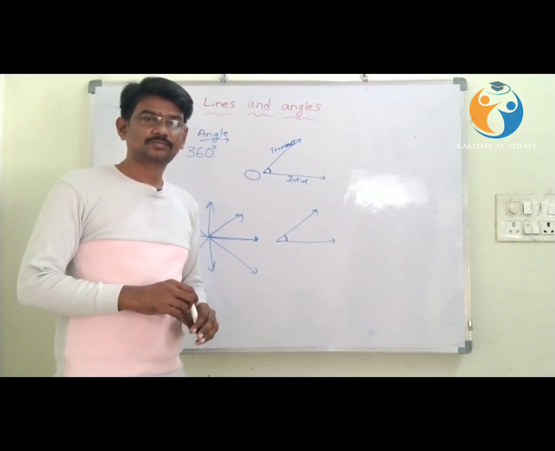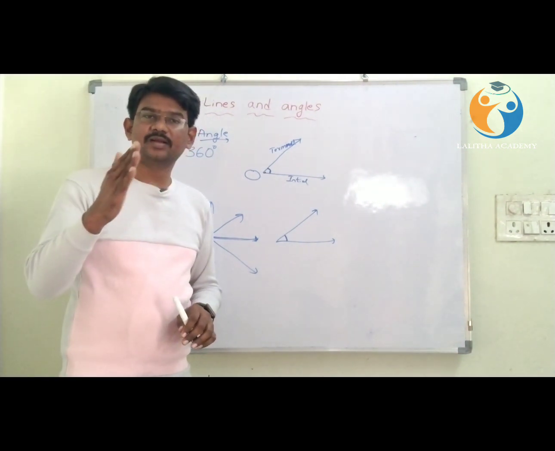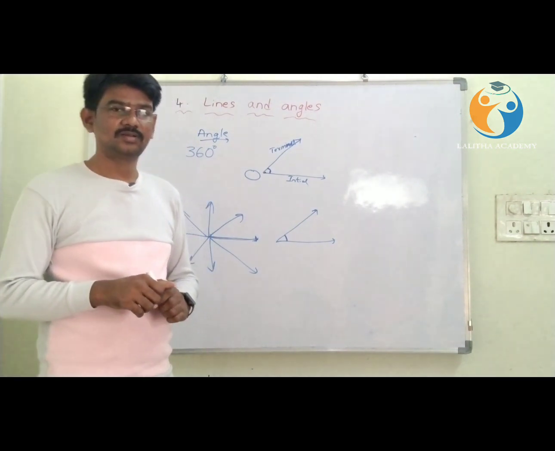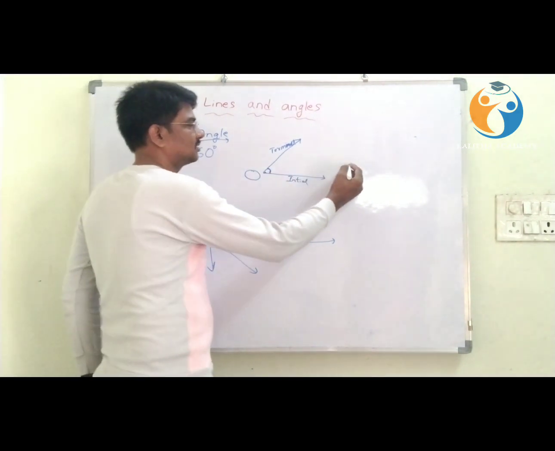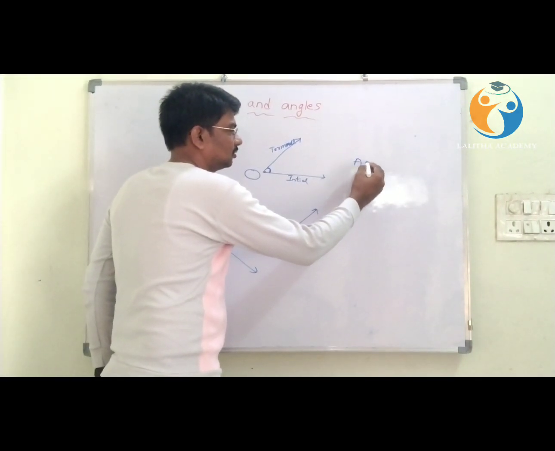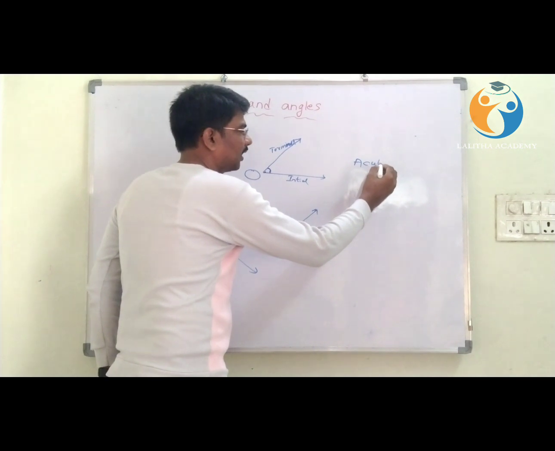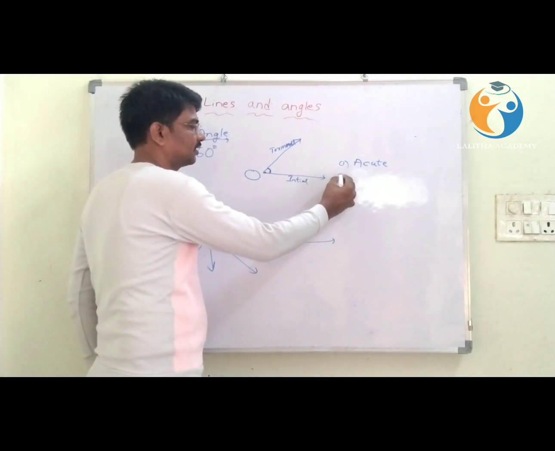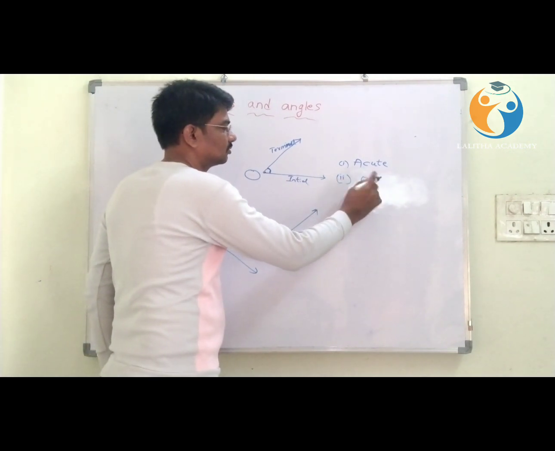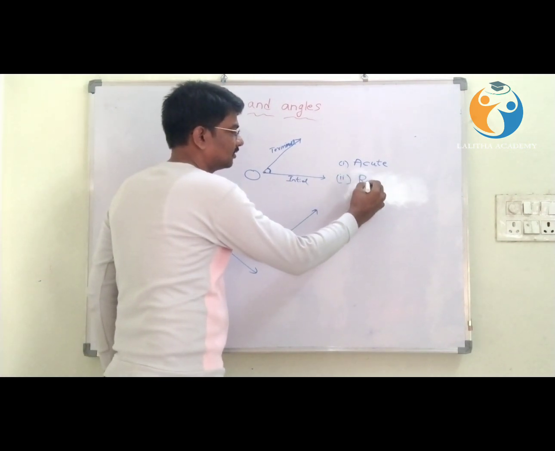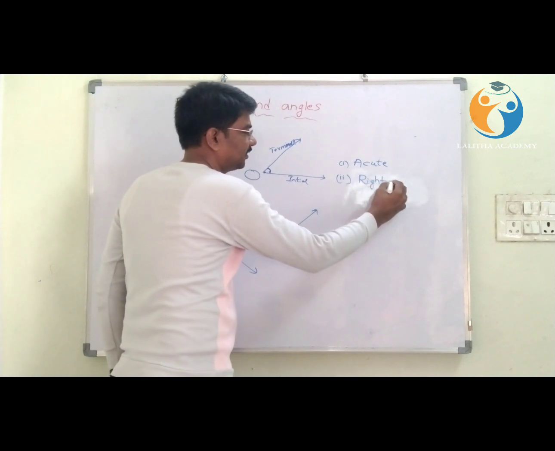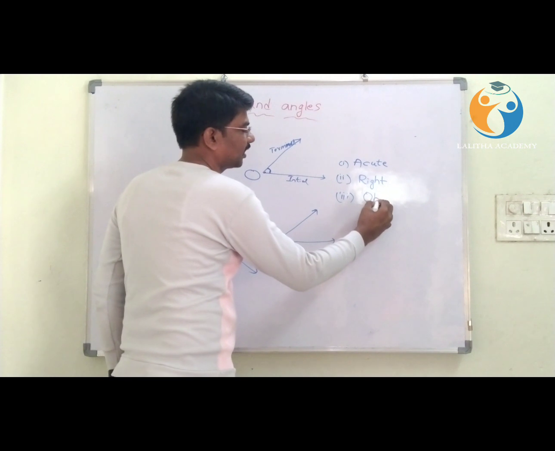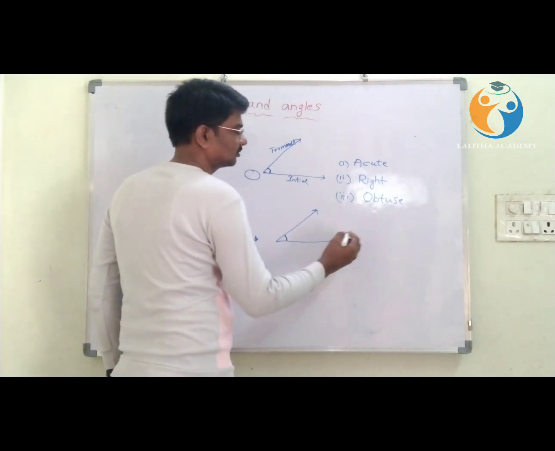Next, there are different kinds of angles. First, maybe you know, acute angles. Second, right angle. Third, obtuse angles.